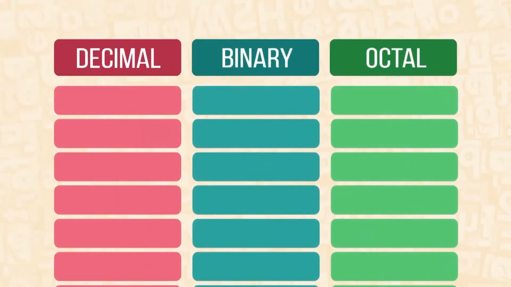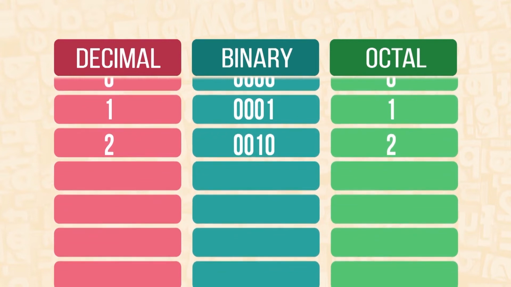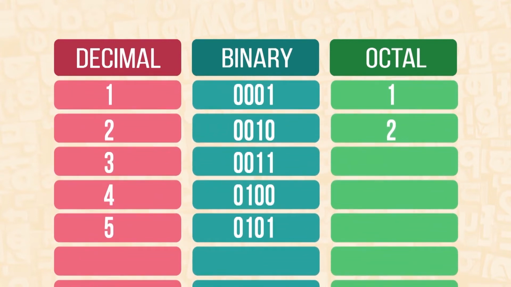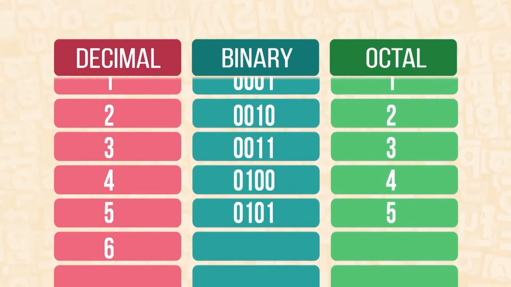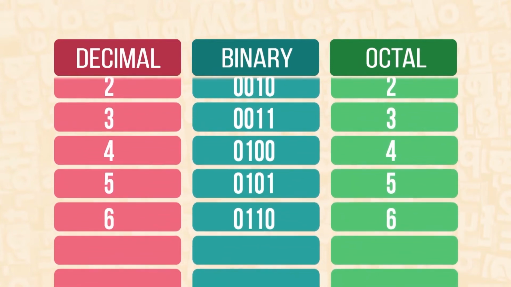The decimal value 0 is represented as 0 in binary, 0 in octal, 1 it is the same, 2 in binary it is 10, but in octal it is again 2, and it goes on, and if it is 6 in decimal, 110 in binary and 6 in octal.